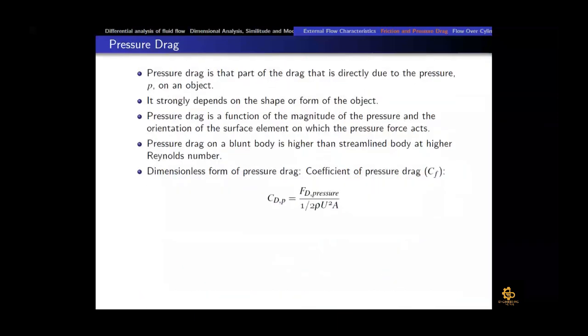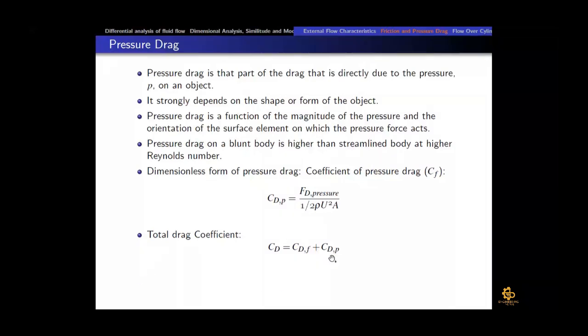Okay, and then it can be determined by the coefficient of drag, that is, the pressure drag component. This is the force due to pressure difference, divided by half rho u squared times area. And total drag on a geometry would be the sum of pressure drag and friction drag.